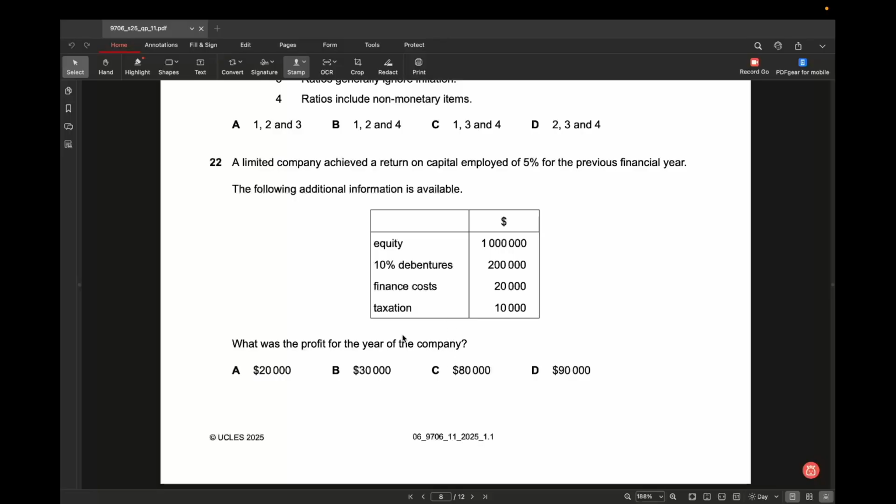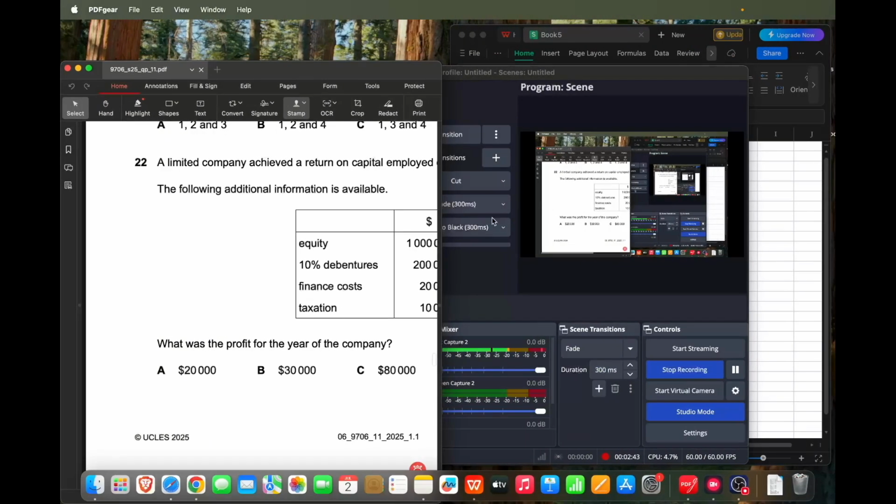For this we need to calculate return on capital employed. So let's do that.